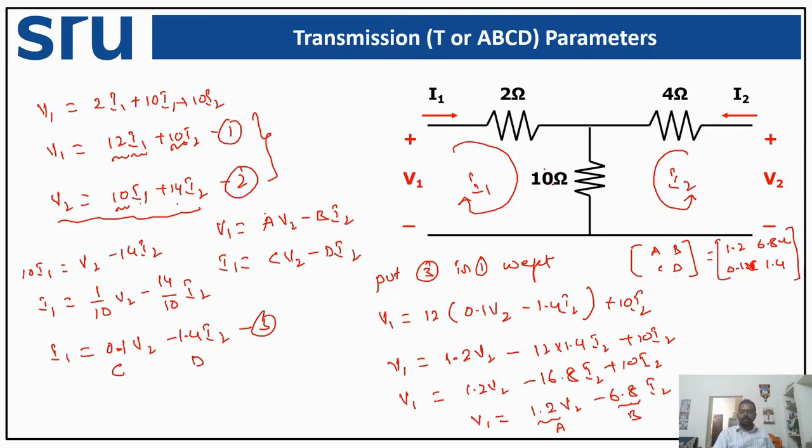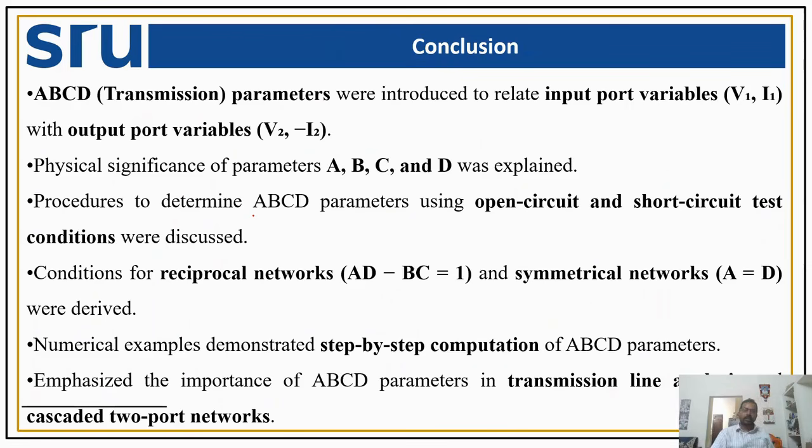Okay, so what we have studied in this lecture: we came across the ABCD parameters, which were introduced with the help of a transformer, where we have seen that z and y parameters do not exist for an ideal transformer.